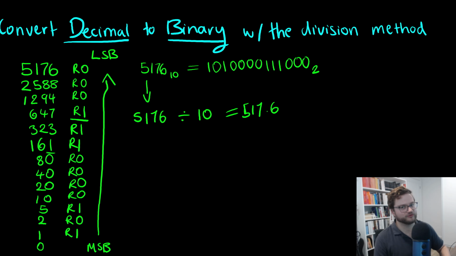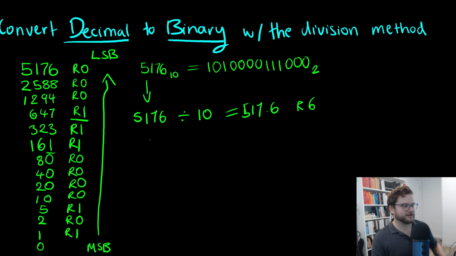517.6. And you remember, dividing by 10, you simply move the decimal point a place. Great. So our remainder, you may see a pattern, our remainder here is 6. And remember what we did after getting our remainder is we eradicated the number after the decimal point. We don't need that anymore.